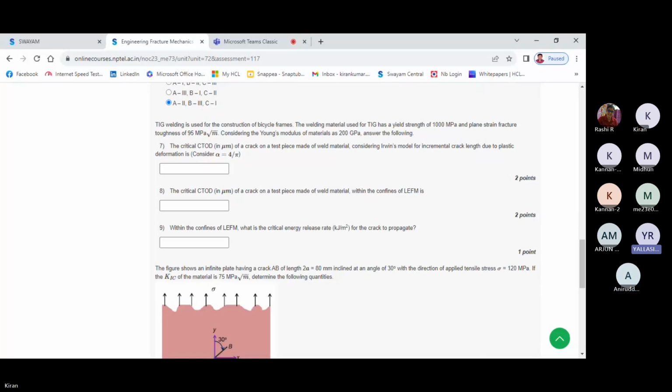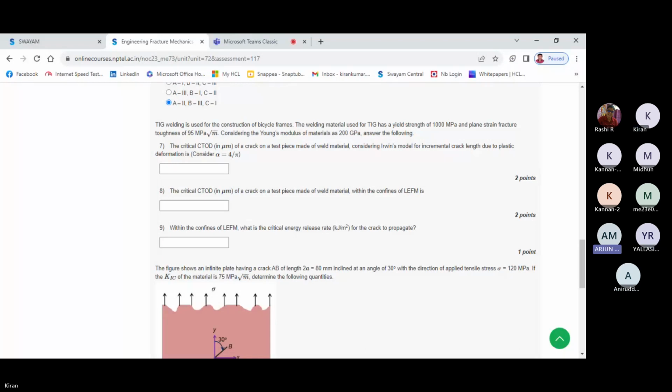See, for problem number 7, I am referring to that formula: PTOD is equal to alpha into K1 square by E into sigma ys. Now we know the value of alpha.